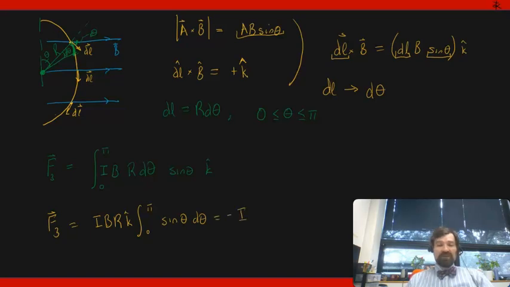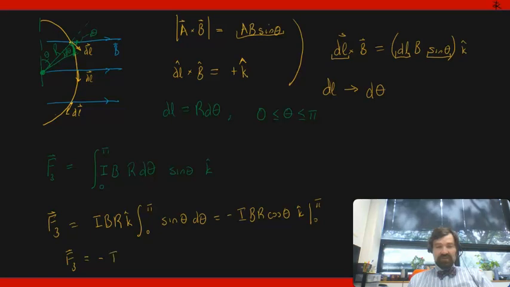What it gives me is negative I B R cosine theta k hat evaluated from 0 to pi. Cosine of 0 is 1, cosine of pi is minus 1, so that gives me a force 3 of basically negative I times B times R k hat times negative 1 minus cosine of 0, which is 1.